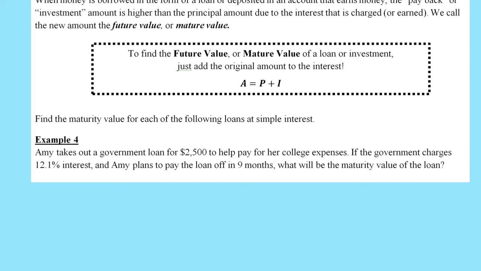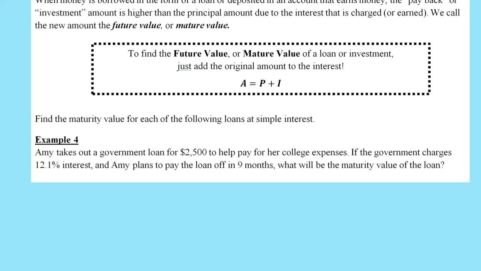Again, either what you are getting from the bank for depositing your money or what you are paying for a loan. Okay? And the only difference is you're adding whatever your interest was, like we were doing in the 3 examples before, add that to your principal, okay? So let's figure this out. We're going to do this one together, and then I'm going to let you do the rest on your own.